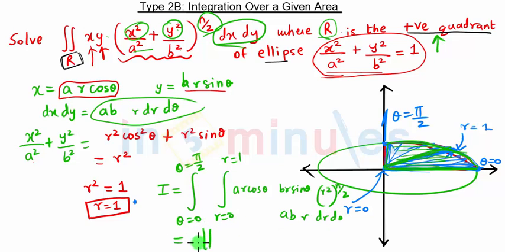This integration will remain as it is. a b and a b will be a square b square, r will be r cube, and here will be cos theta into sin theta into r square, the whole raised to n by 2. This 2 and this 2 get cancelled, so we get r raised to n.